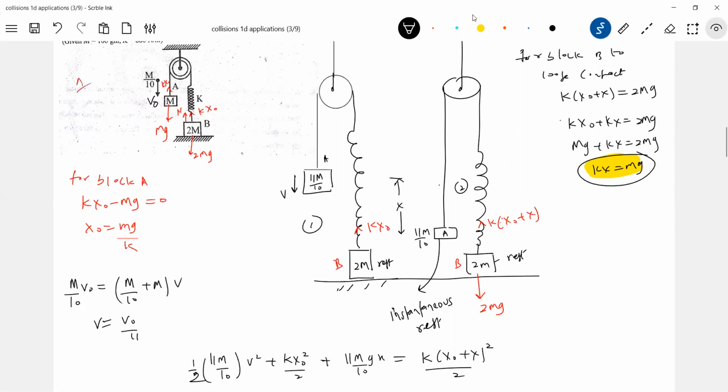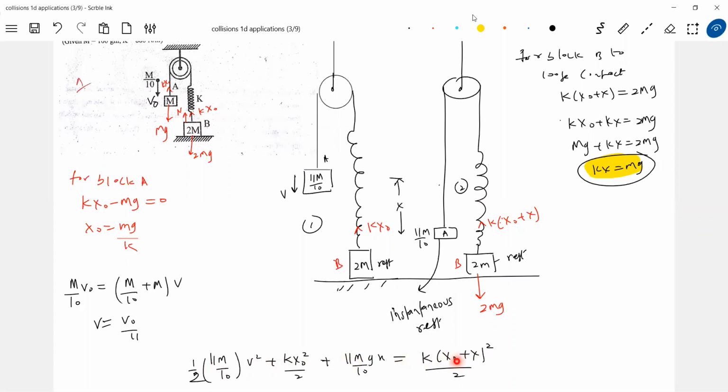Writing this equation is the main idea of the problem. The initial kinetic energy of the block A plus initial elastic potential energy of spring plus decrease in gravitational potential energy, the whole energy got converted into the final elastic potential energy of the spring. If you want kx naught, you can bring it there. Let me write in this way.